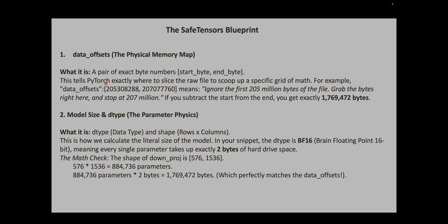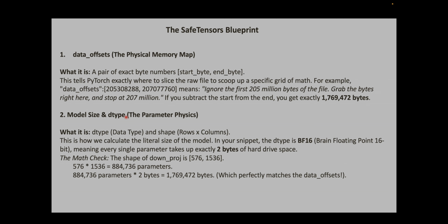This tells PyTorch exactly where to slice the raw file to scoop up the specific grid of math. For example, this data offset means ignore the first 205 million bytes of the file, grab the bytes right here, and stop at 207 million. If you subtract these two, you will get this many bytes. Remember this number, because it is important for the math.